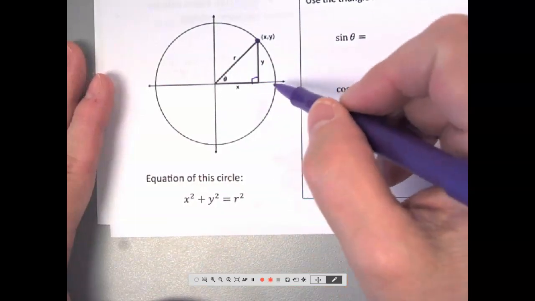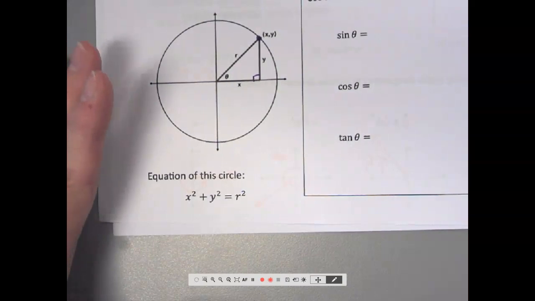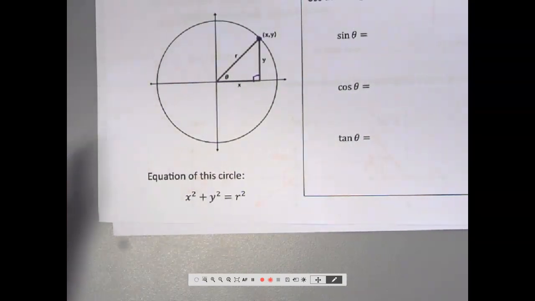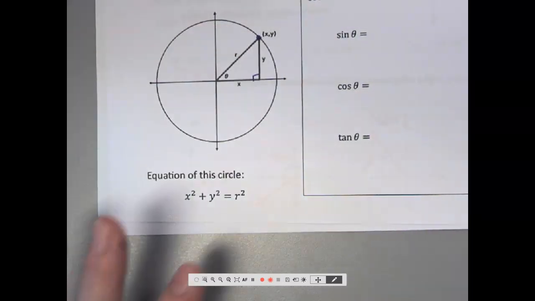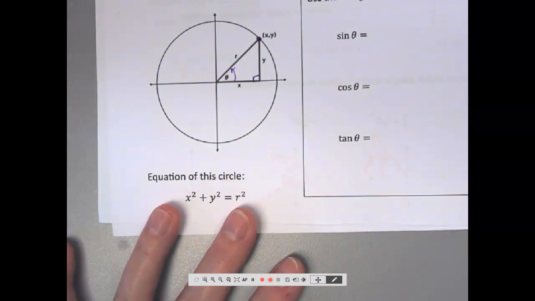Okay? All right. Using this triangle, did I rotate a positive or negative angle? All indications are positive because I don't have a little arrow indicating that way. So we rotated some angle theta. Puts us in the first quadrant.